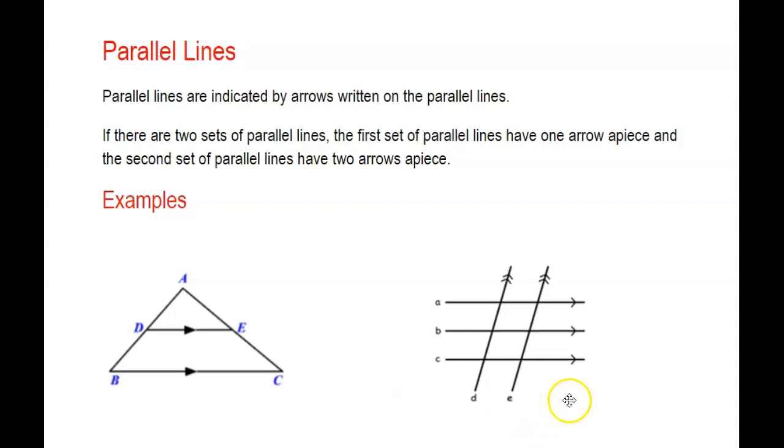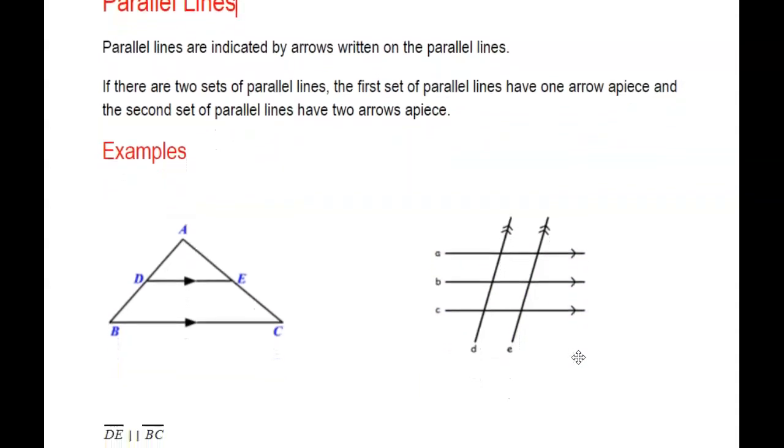Now, if the figure happens to have a second set of parallel lines, like here, you use two arrows to indicate that. So I put two arrows on both, because lines A, B, and C are all parallel to one another, and those all have single arrows.